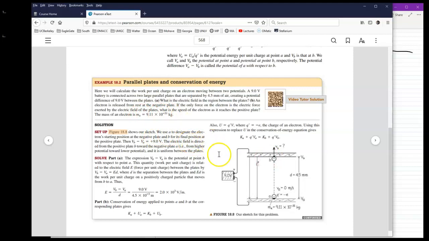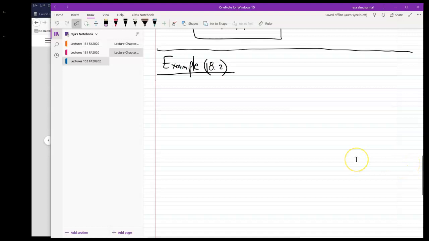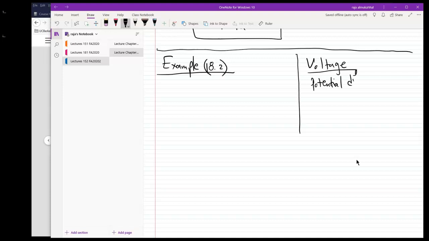All right, so how do we do it? Before I do that, I want to tell you what voltage means. So I'll put it on the side here. Sometimes it's called potential difference. Potential difference or voltage, when you see those two words, it means the same thing. What is a voltage? Well, let's go back to the energy.